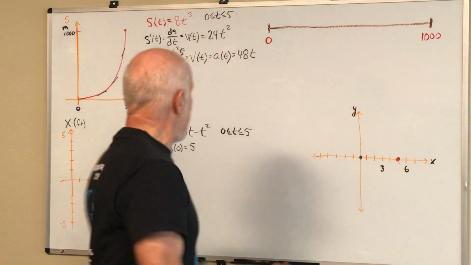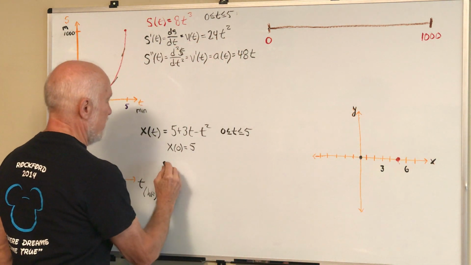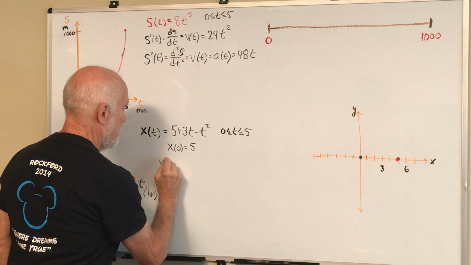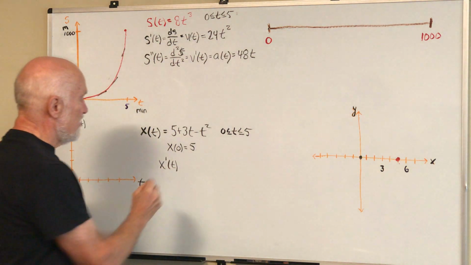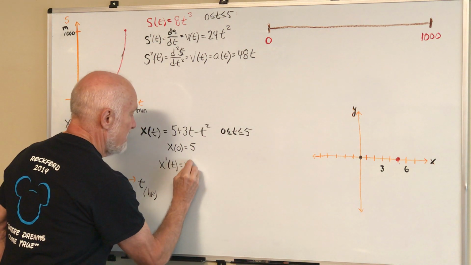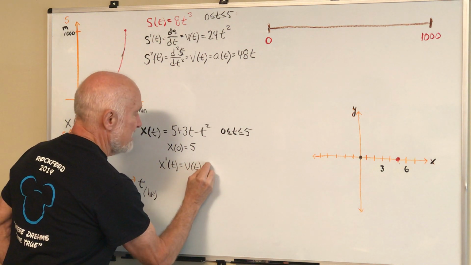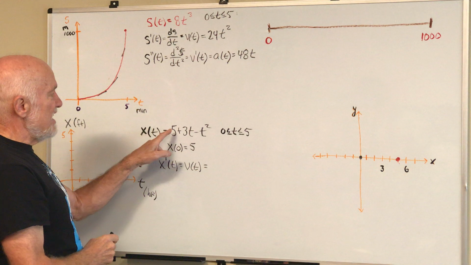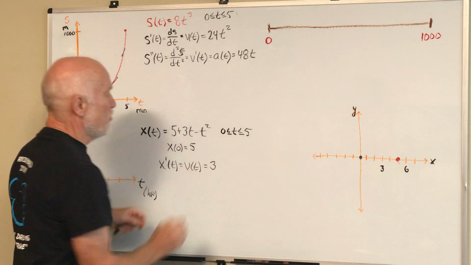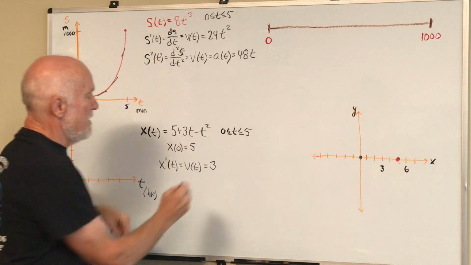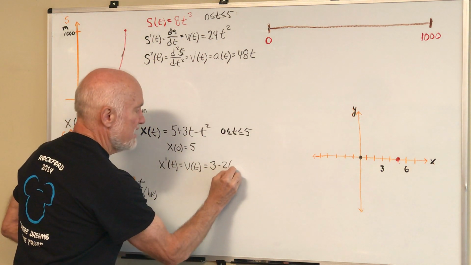Now, the question is, was it moving to the right or was it moving to the left? Well, one way of finding out is to take the derivative. Find x prime of t. And again, because this is position and this is time, we could call it the velocity. So what's the velocity? The derivative of 5 is 0. The derivative of 3t is 3, minus 2t.